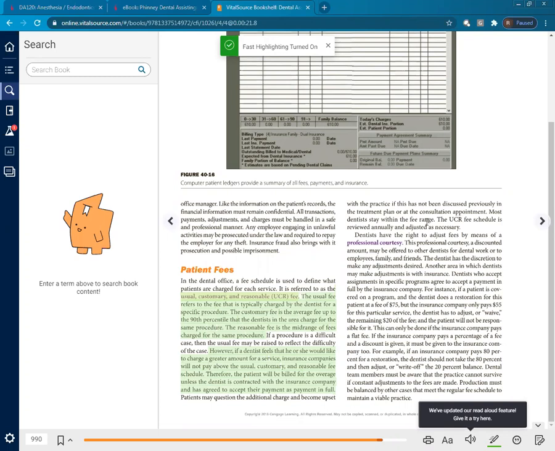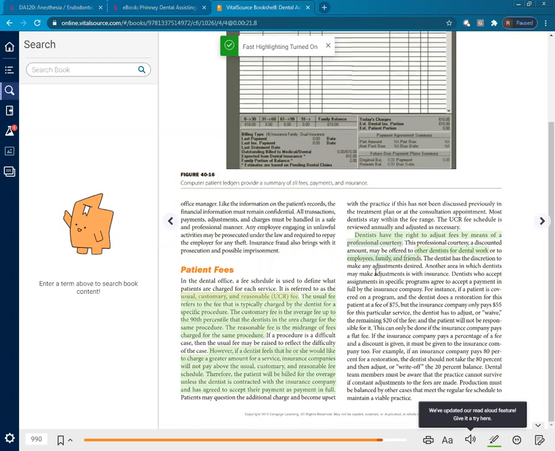Most dentists will stay within these fee ranges, but the UCR fee schedule is reviewed annually and adjusted, so it can go up or down. Dentists also have the right to adjust fees by means of a professional courtesy. So this might be offered to other dentists for dental work, or maybe employees, friends, and family, meaning that might be a benefit of you working there.